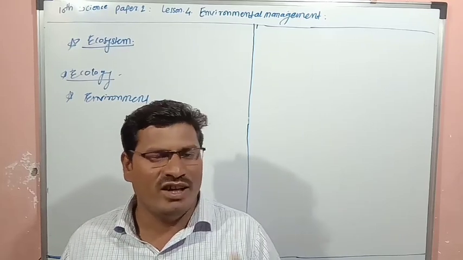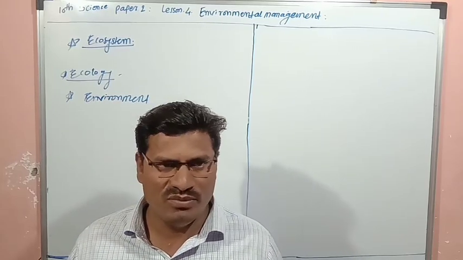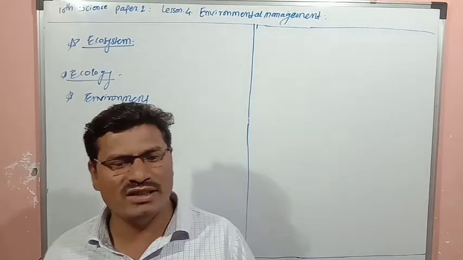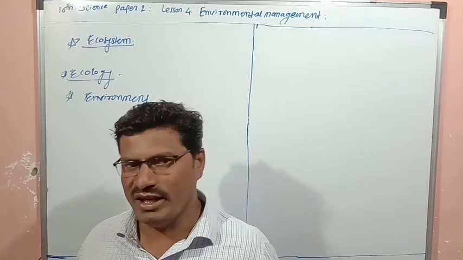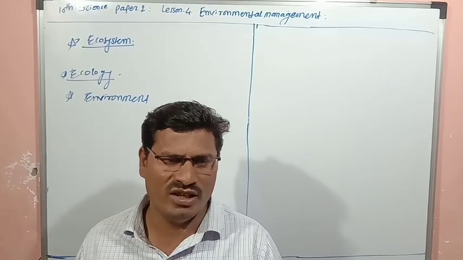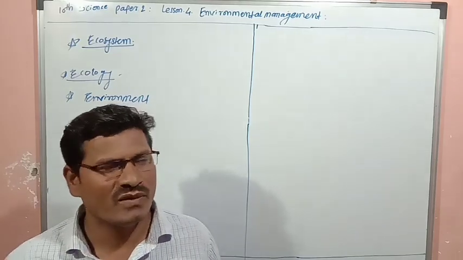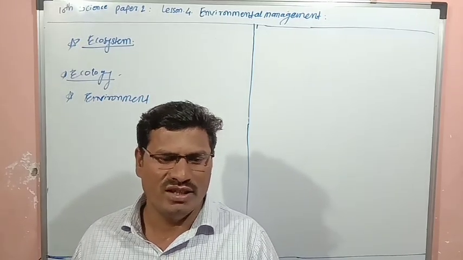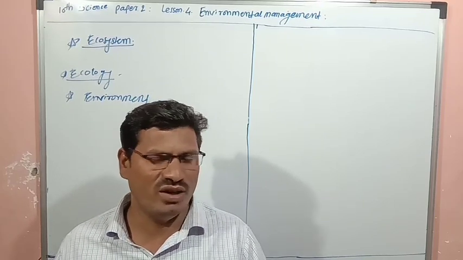What is the ecosystem? Biotic and abiotic factors occupying a definite geographical area, and their interactions, collectively called an ecosystem.